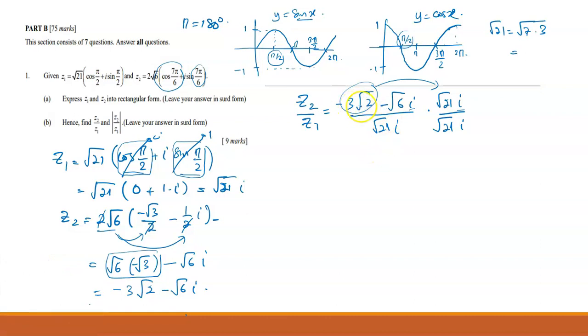So negative 3 square root of 2 times square root of 21 is square root of 42i, and minus square root of 6 times 21. 21 is 7 times 3. So let me try again to see if we can simplify this.